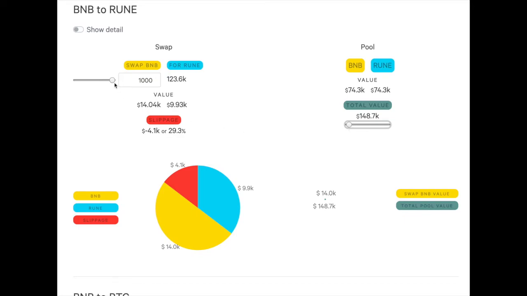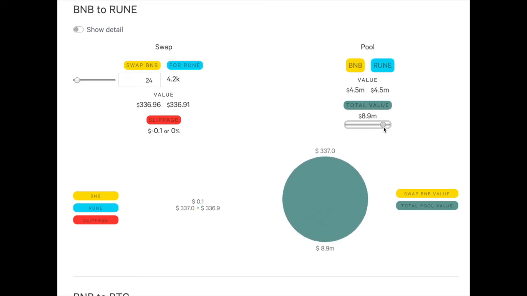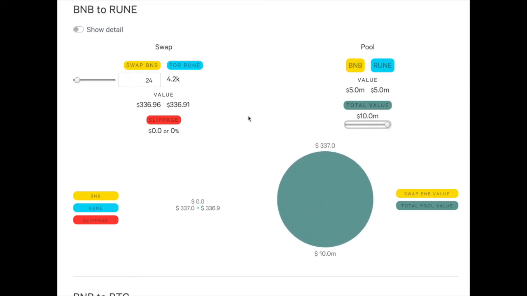On the other hand, if swap value is low relative to total pool value, so if we bring the swap BNB down and we pull the total value up, well, that's actually a little bit ridiculous because we're not even showing any slippage there. Let's increase a little bit. So what you'll see here, we've got low swap in value in comparison to total value in the pool, and slippage is much lower.